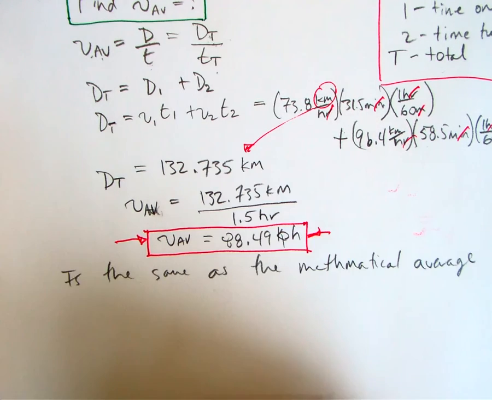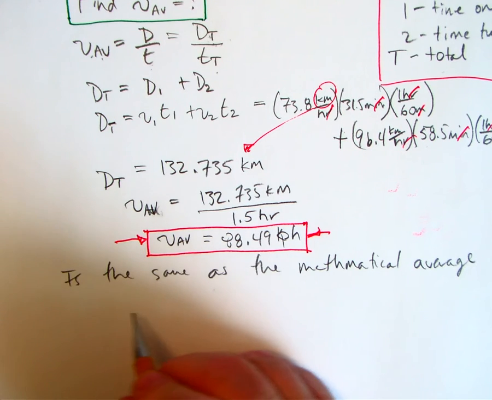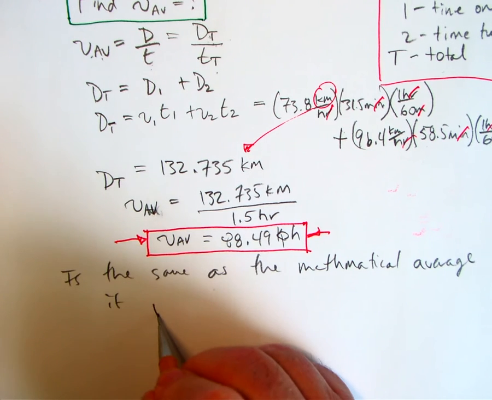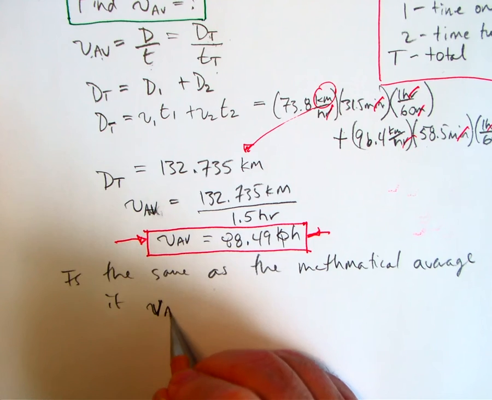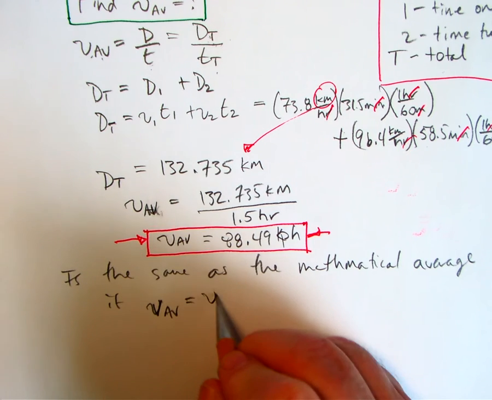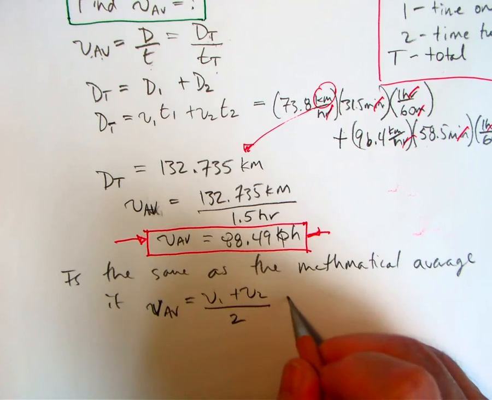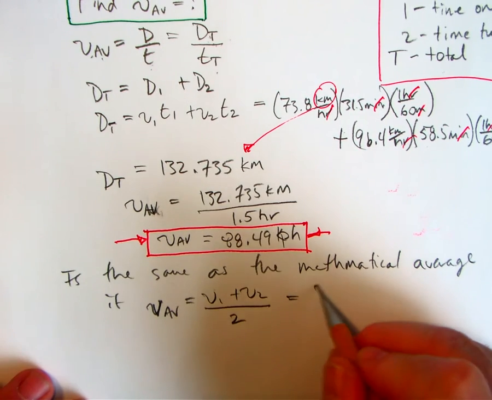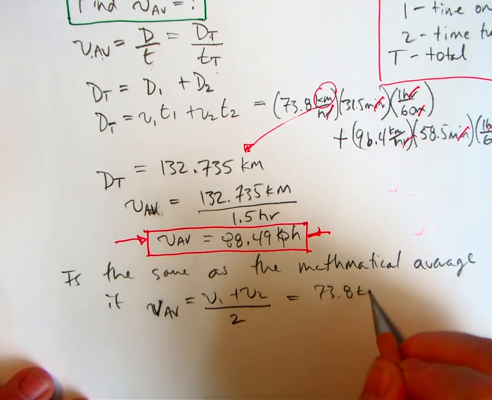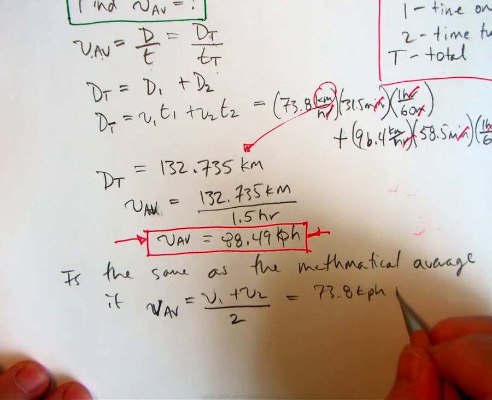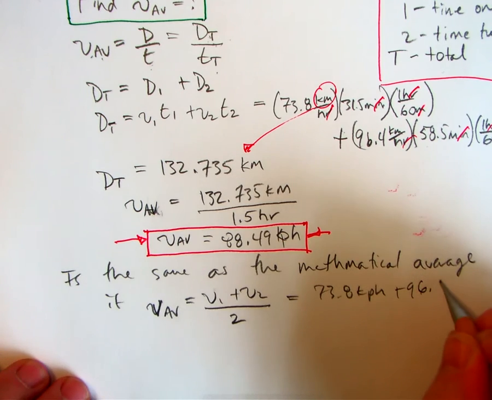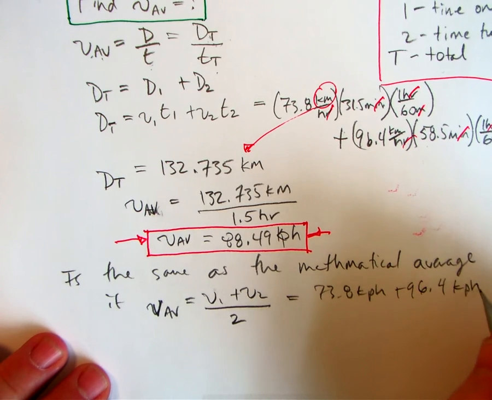So can you add the two together and divide by 2? Well, let's take a quick look. If we say the average velocity is equal to v1 plus v2 divided by 2, we can say velocity 1 is 73.8 kilometers per hour plus 96.4 kilometers per hour.